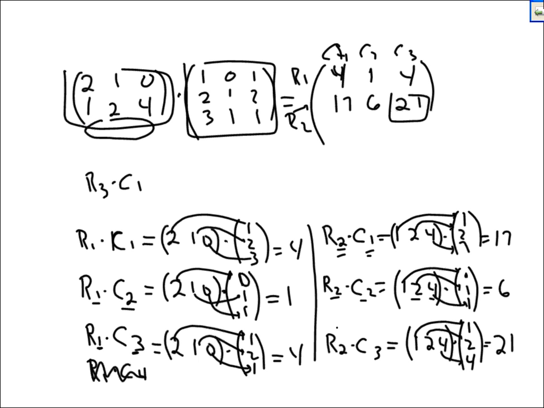When you dot row 2 with column 3, the rows come from the left matrix. Their columns are coming from the right-hand matrix. The answer goes in row 2, column 3 position.